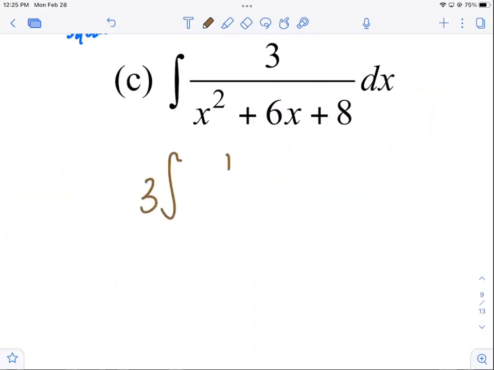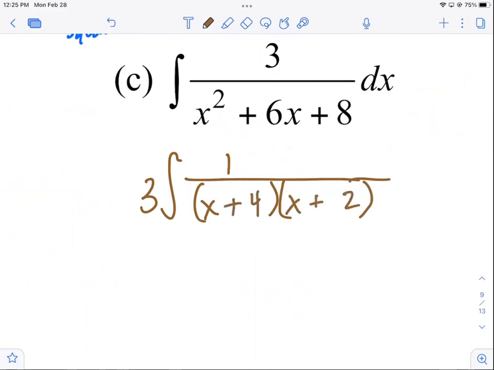3, you come out front. Does the bottom factor? I think, yeah, it does factor, right? 4 and 2. And they're both positive. Yay. This factored into the product of 2 linear factors. Okay. So does that help me though with the, I can't, if I split them, can I?